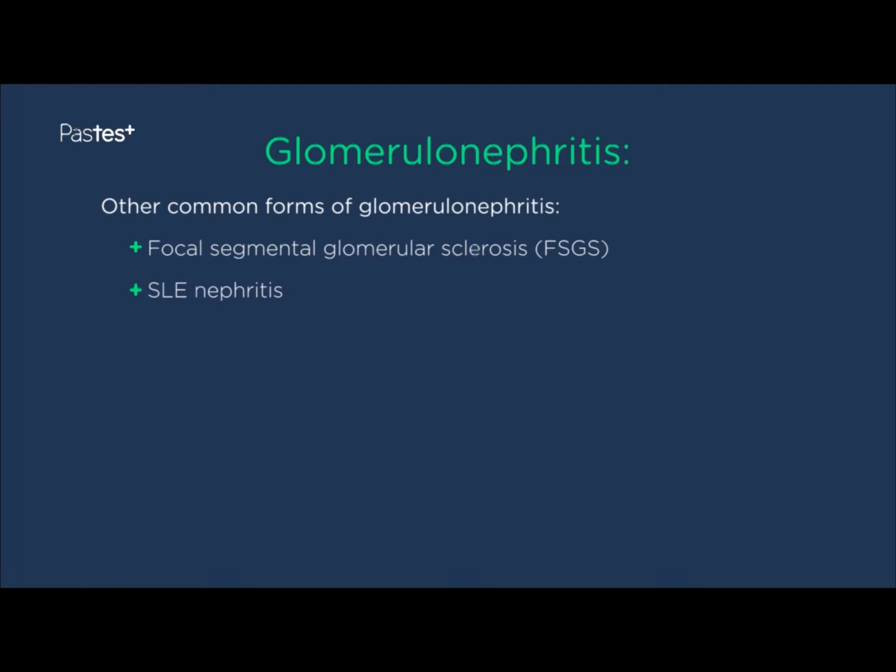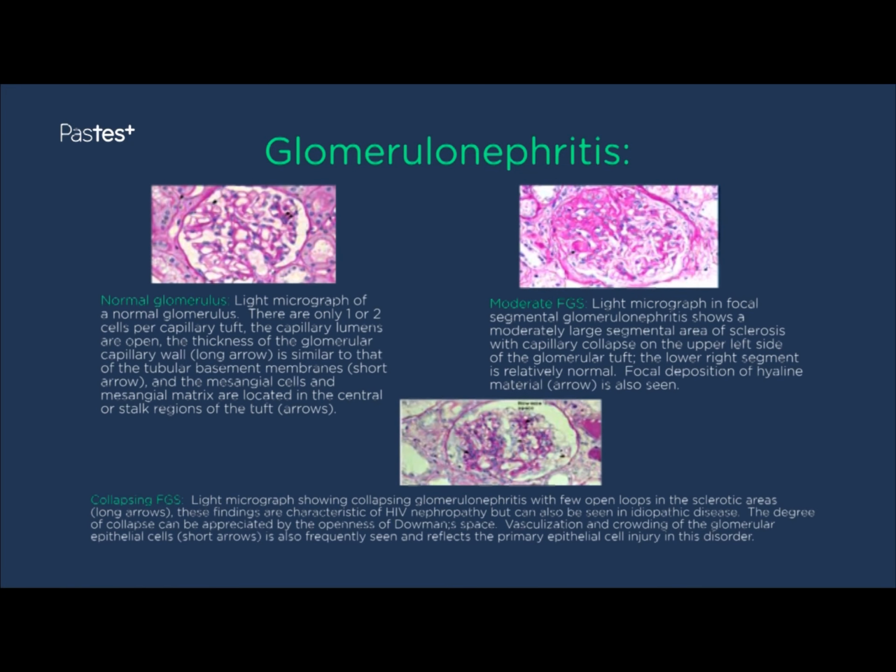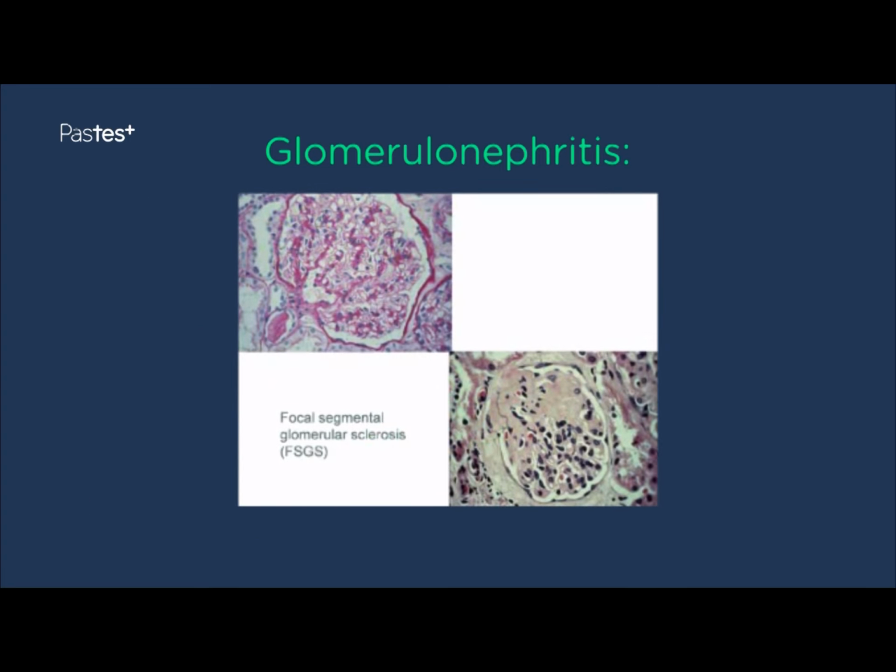It's probably important to consider other common forms of glomerulonephritis at this point, and I'll mention FSGS and SLE nephritis. FSGS literally means focal and segmental sclerosis of the glomeruli, as evidenced in this picture, and in a more advanced form in this particular slide on the right hand side.